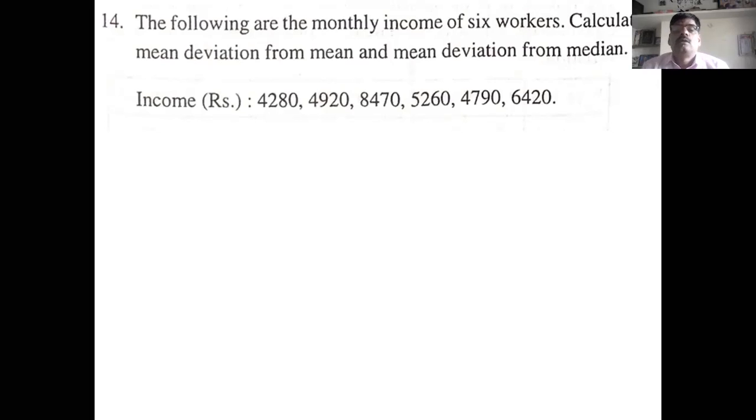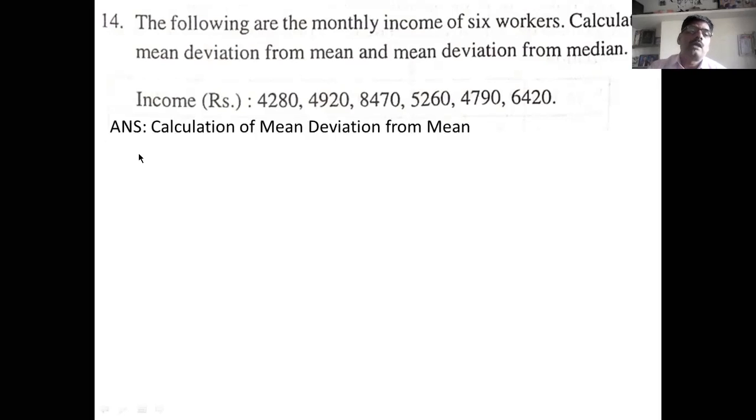Okay. First, I'll calculate mean deviation from mean. You see here how to calculate. First of all, you calculate the mean. Mean means average. Average means you take the total of these 6 values and divide by 6. That is the mean. Simple.